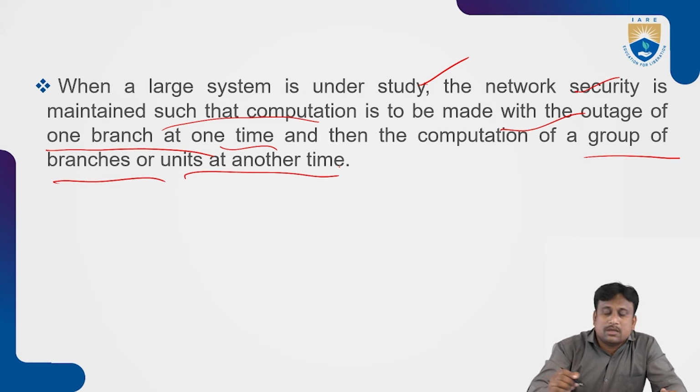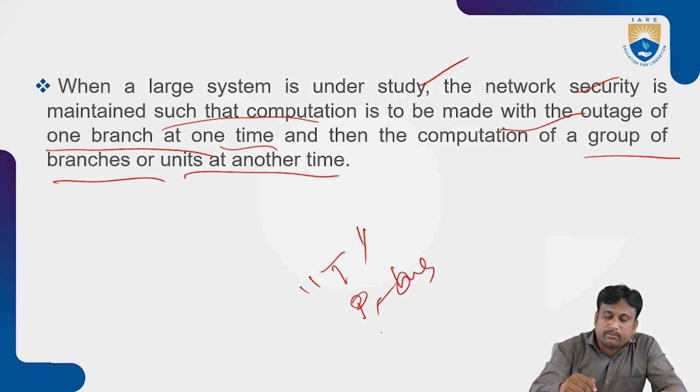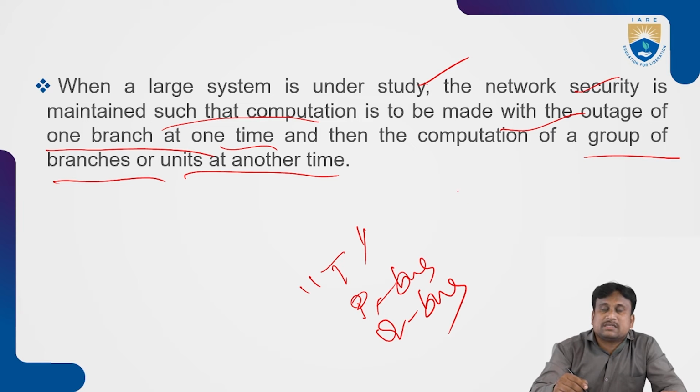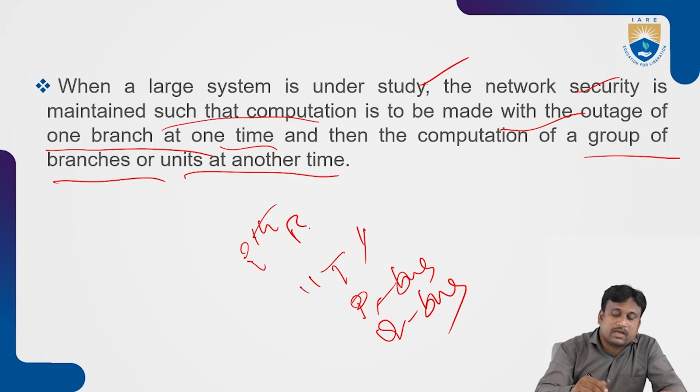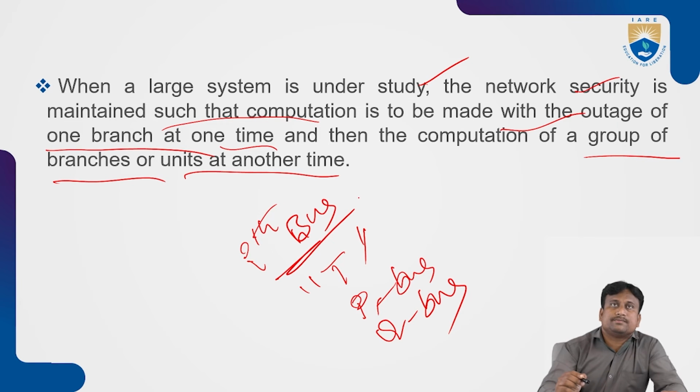So time factor is one of the important factors here, at the respective outage of a respective bus. It may be P bus or it may be Q bus. At each bus configuration, whatever it may be, the ith bus configuration, we consider these parameters.